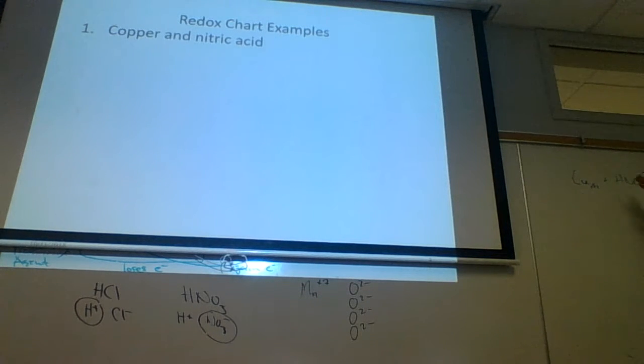Well, you can look it up there, but copper and nitric acid is going to form copper 1 or copper 2 nitrate? Copper 2 nitrate. And not H plus, H2 gas. Okay, then we'll balance it like this.